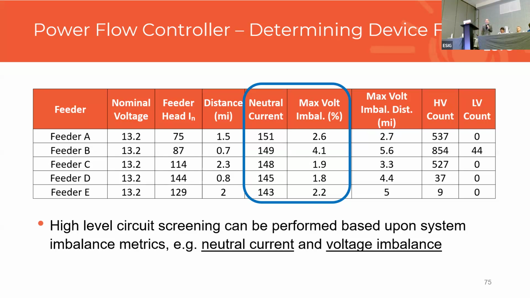Because you could have a lot of imbalance, but it could be a short circuit with large conductors, and it really doesn't manifest in a whole lot other than some high neutral current. Maybe that's not the best fit. But if it's a rural circuit and it's long and imbalanced, you can get significant amounts of voltage imbalance showing up. And that's when you can start to really parse out where you want to put the device.